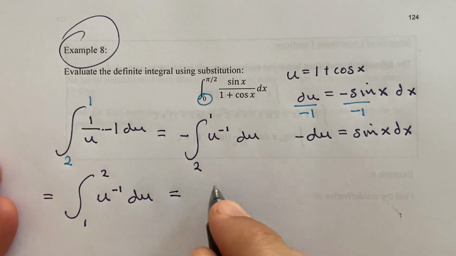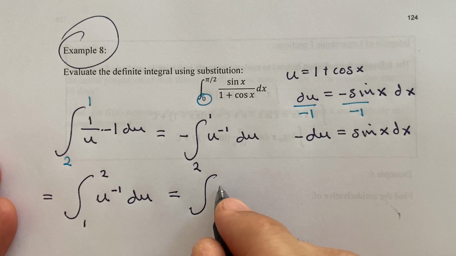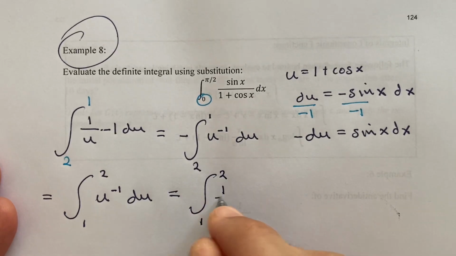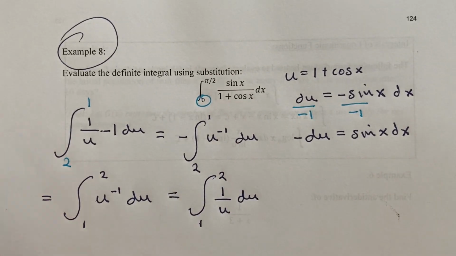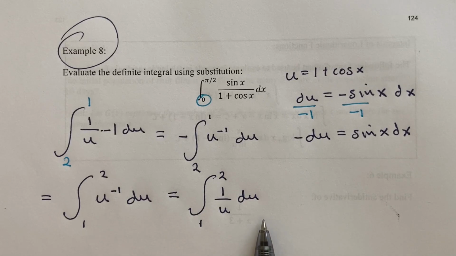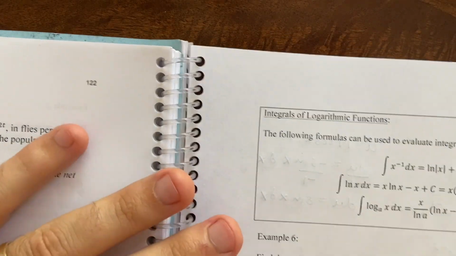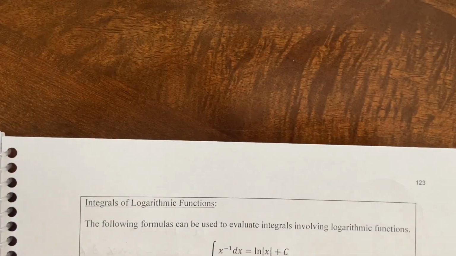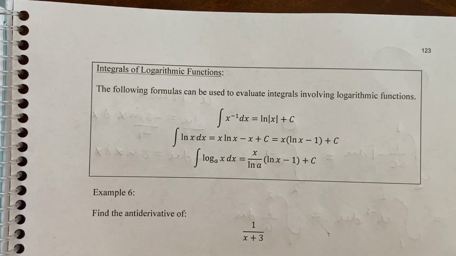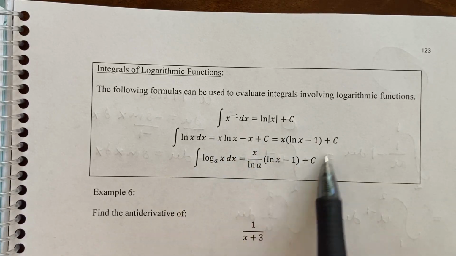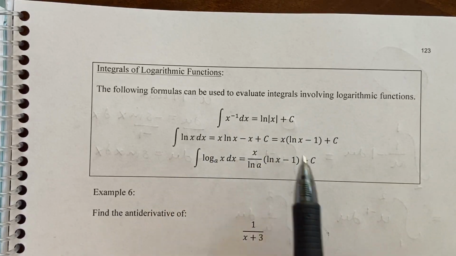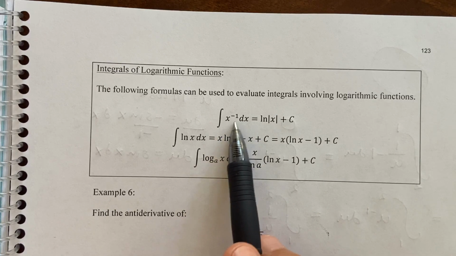So we're looking for, if I just go back to 1 over u, 1 over u du, we're looking for a function such that when you take its derivative, you get 1 over u. So back here, I kind of flew past it, but on page 123, there's these formulas. Okay, so x to the -1, same as 1 over x.